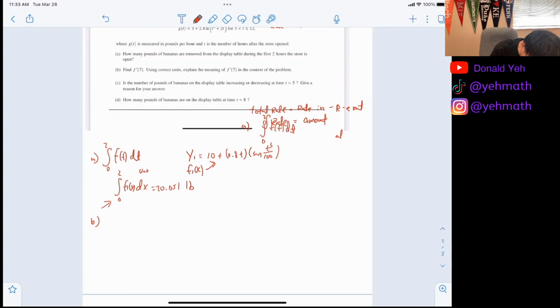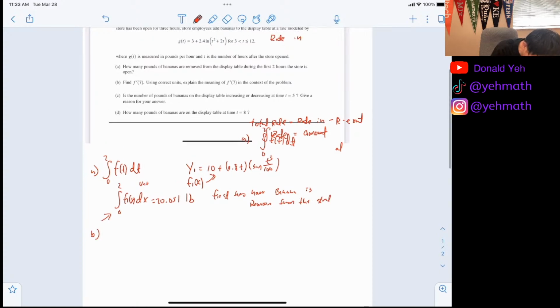So in this case, it's just the first 2 hours, banana is removed from the stand. That's only if it asks you. If they ask you, but they just say how many pounds, then you just write down 20.051 pounds. But if you see the second question says explain the meaning in the context of the problem, that one you really have to write out all the stuff.